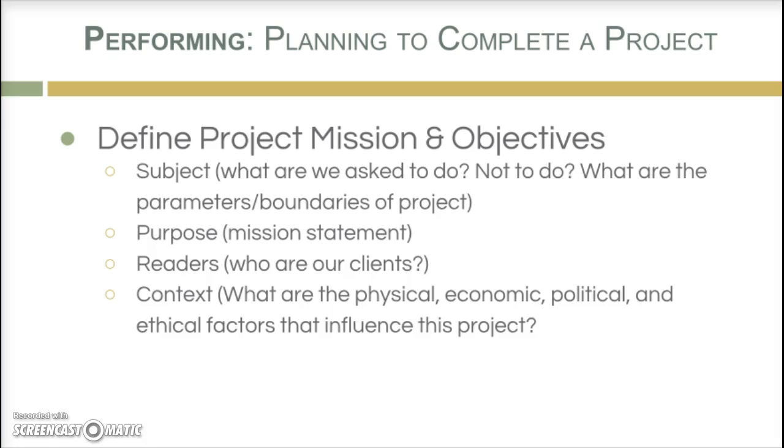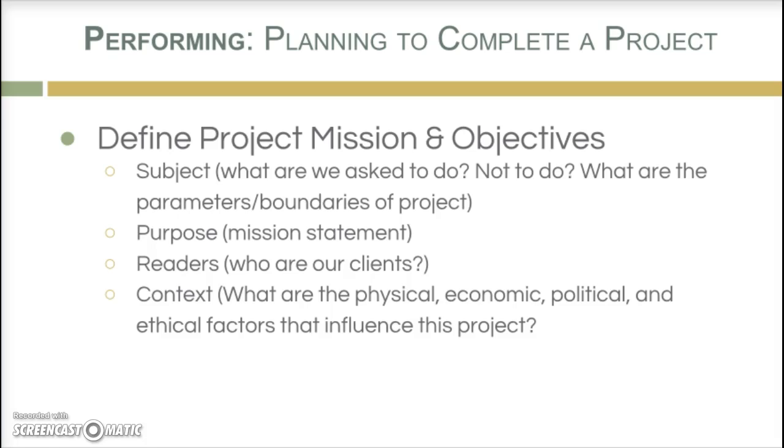Okay, the final stage is performing, and this is the actual planning to complete the project. And as you work together as a team, then you'd want to define your project mission and objectives, determine what the subject is. In other words, what have you been asked as a team to do, or what have you not been asked to do? What are the parameters or boundaries of the project?